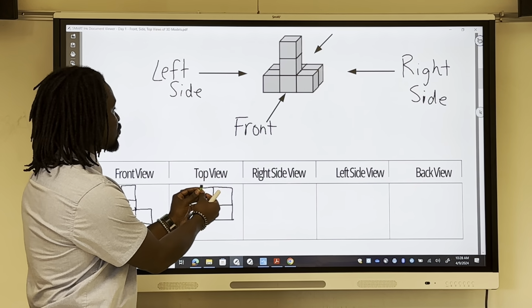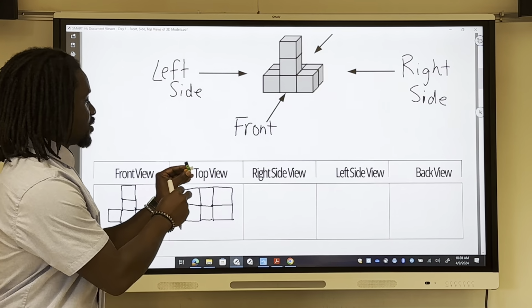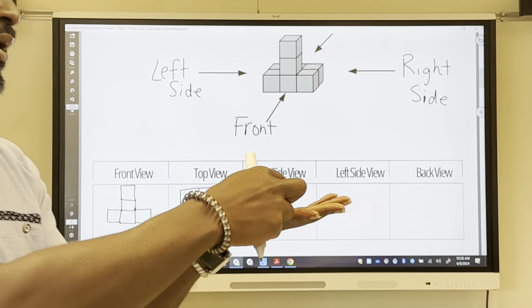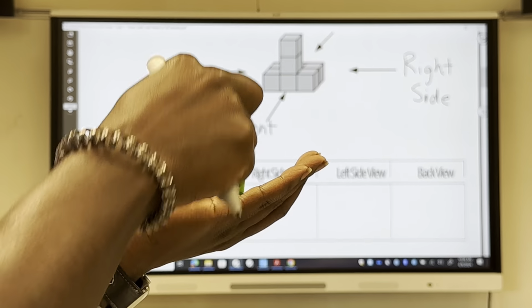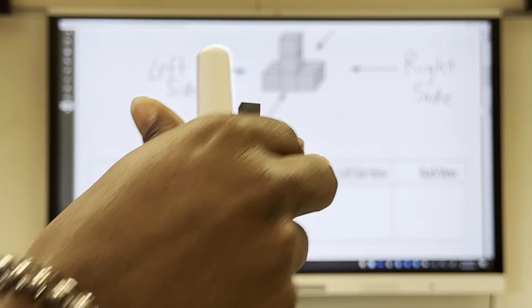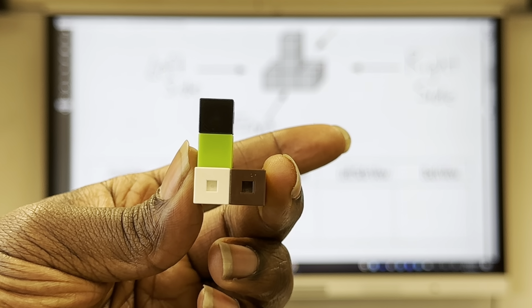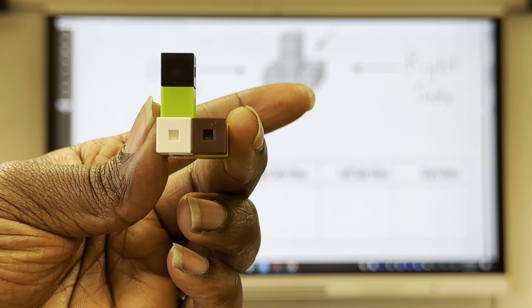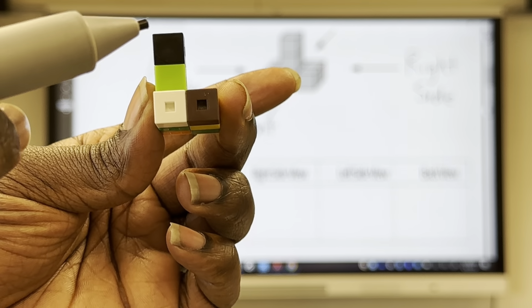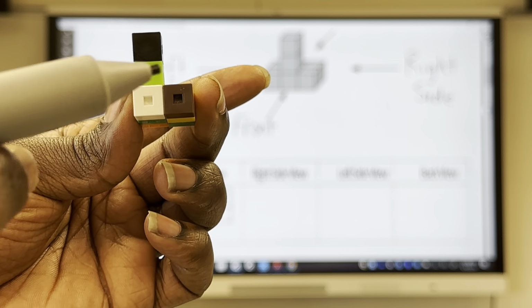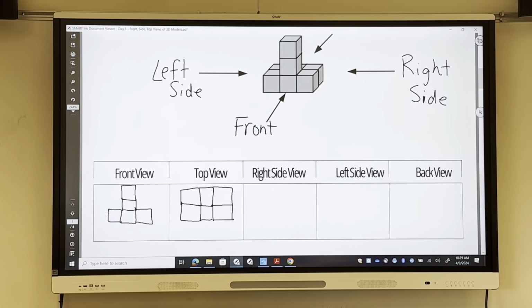Now let's look at the right side view, okay? Again, I'm holding it. This was the front, this was the top. Now I'm looking at it from the right side. What does this look like? It looks like I have 3, 1, 2, 3, and then 2, okay? So it looks like an L, right?